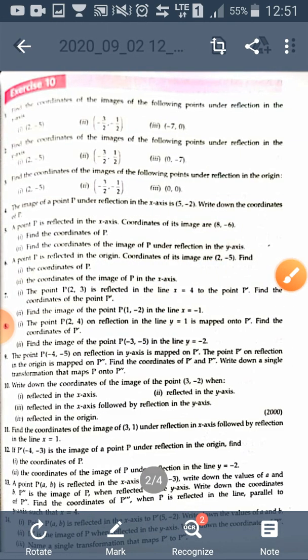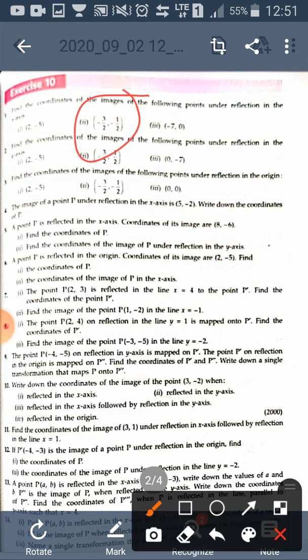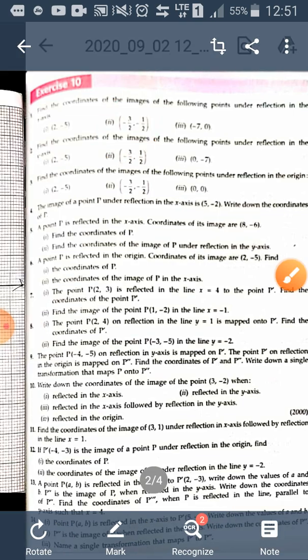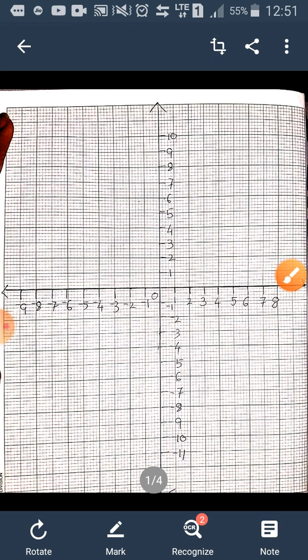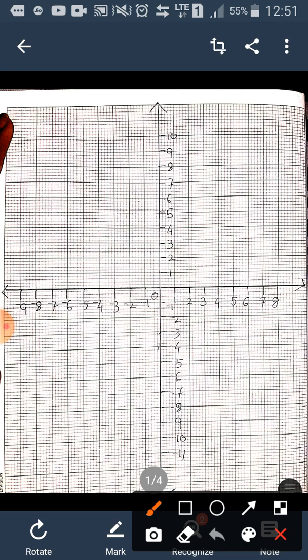Let's do another one, which is minus 3 by 2 comma minus 1 by 2. Since I'm doing it on the phone, it is very difficult.